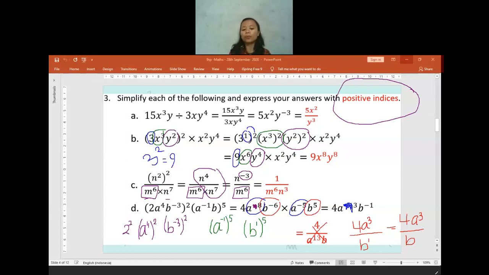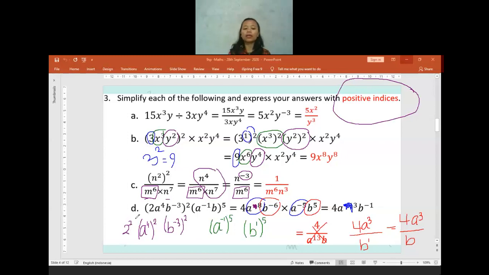Now for question D, we have 2 brackets in here. As I told you before, from question 2, everything inside the bracket will get the power. So for the very first one, you have 2a to the power of 4, b to the power of negative 3 inside the bracket to the power of 2.